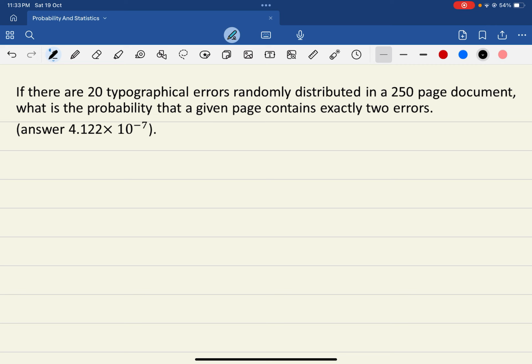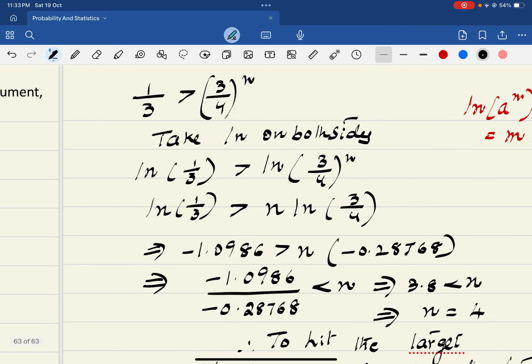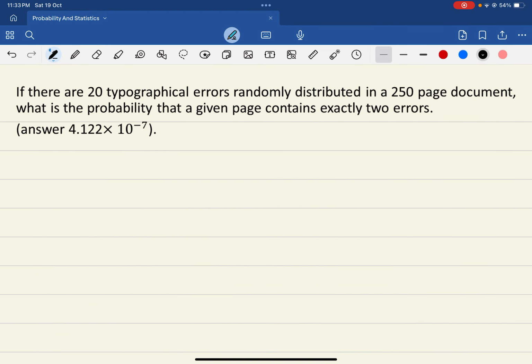Now coming to the next problem: if there are 20 typographical errors randomly distributed in a 250 page document, what is the probability that a given page contains exactly 2 errors?